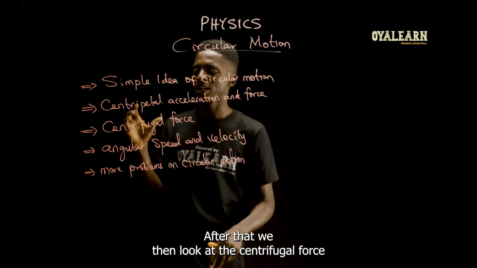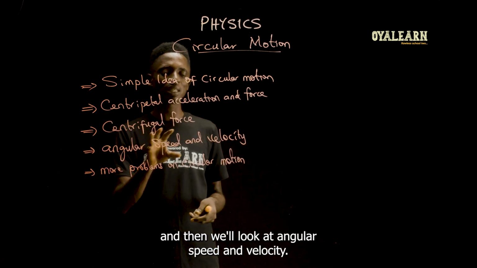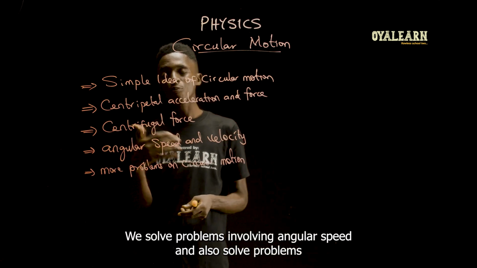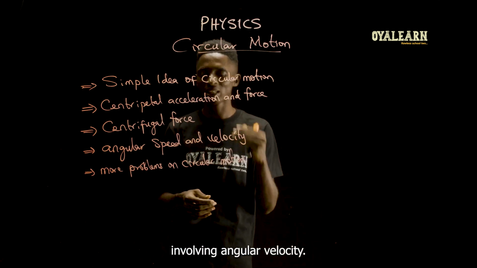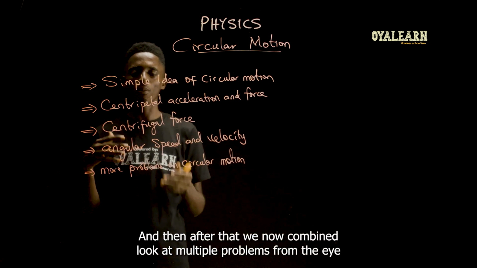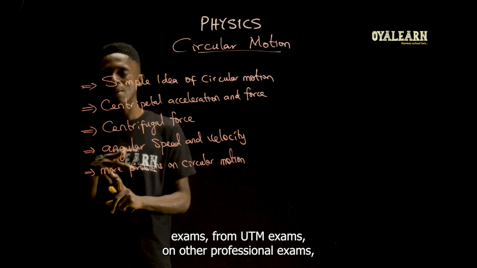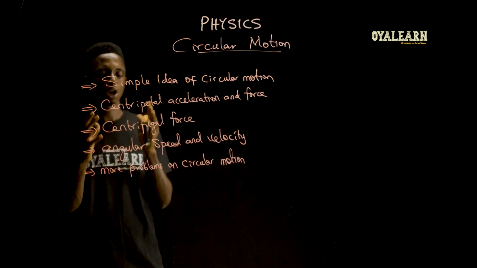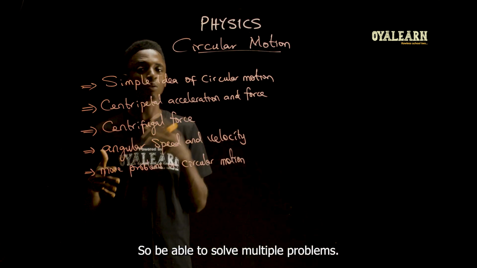After that, we then look at the centrifugal force, and then we look at angular speed and velocity. We solve problems involving angular speed and also solve problems involving angular velocity. And then after that, we now look at multiple problems from the WAEC exams, from UTME exams and other professional exams on the circular motion. So we'll be able to solve multiple problems.